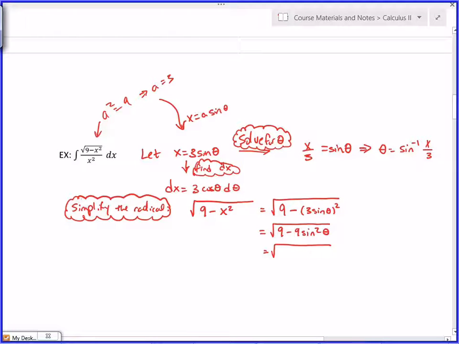So pull out the 9, and what are you left with? 1 minus sine squared, and now that's where we use our identity. 1 minus sine squared is cosine squared. And now it's 3 cosine theta.